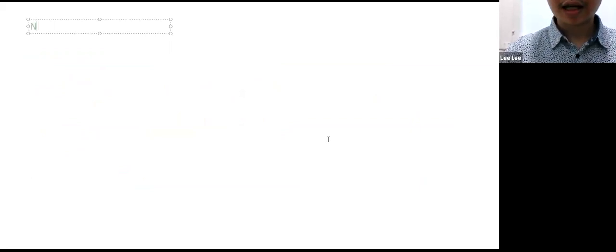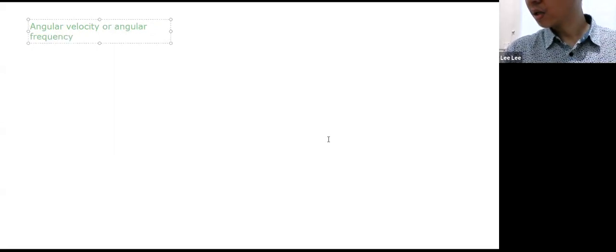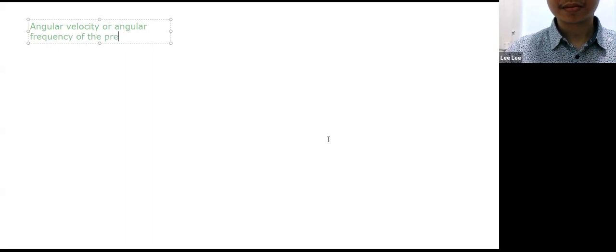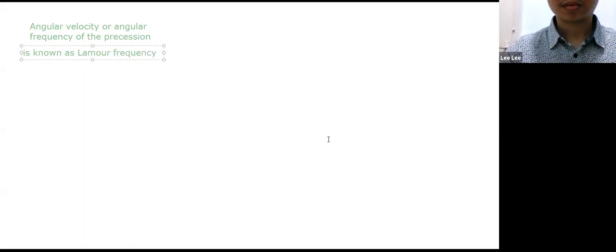So in this case, the angular velocity or the angular frequency of the precession is known as the Larmor frequency. So the Larmor frequency is the angular velocity or the angular frequency of the spinning process of the precession. Understand?